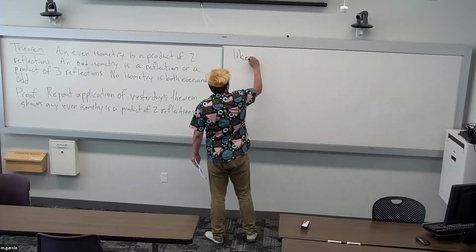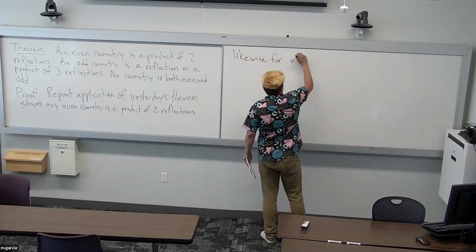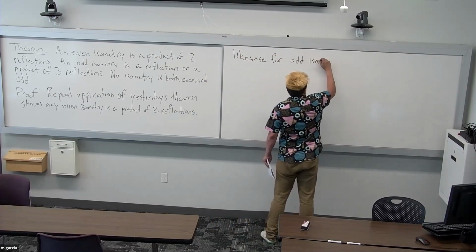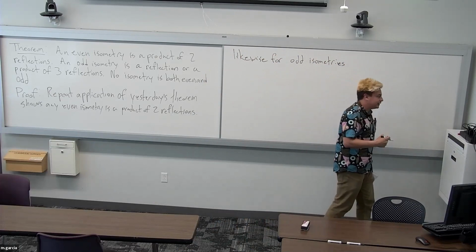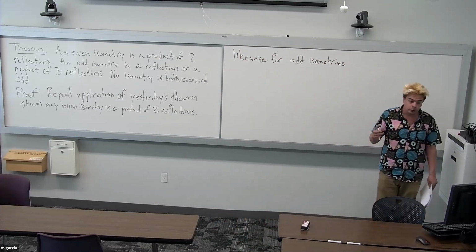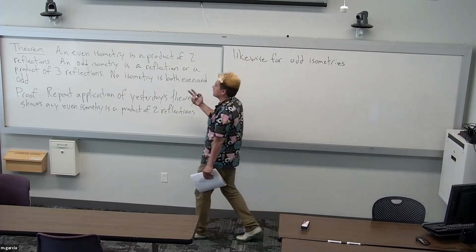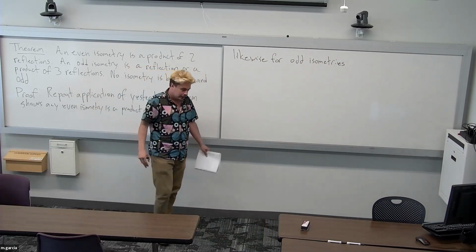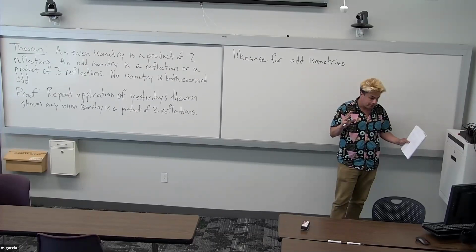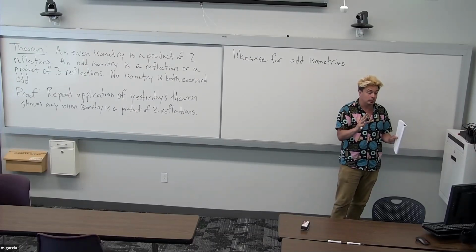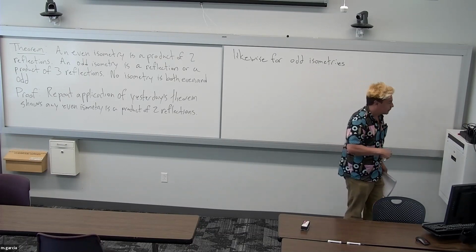And I'll just say, likewise, for odd isometries. That is, it's the same type of inductive argument, but there's 2 possible outcomes. You either have 1 reflection at the end or a product of 3 reflections. The same procedure, just take any 4 adjacent reflections and turn it into 2. And repeat that process until you either get to 1 reflection left or 3 reflections.